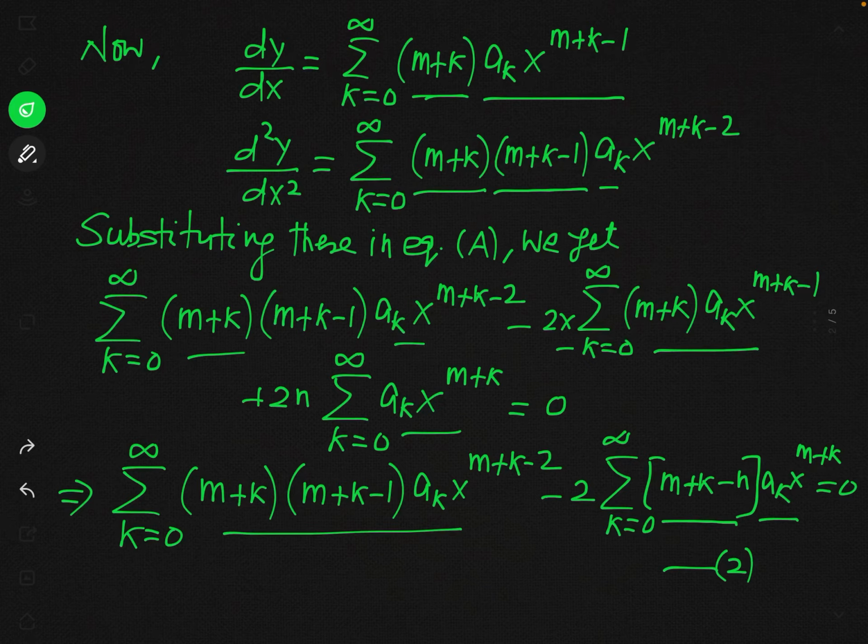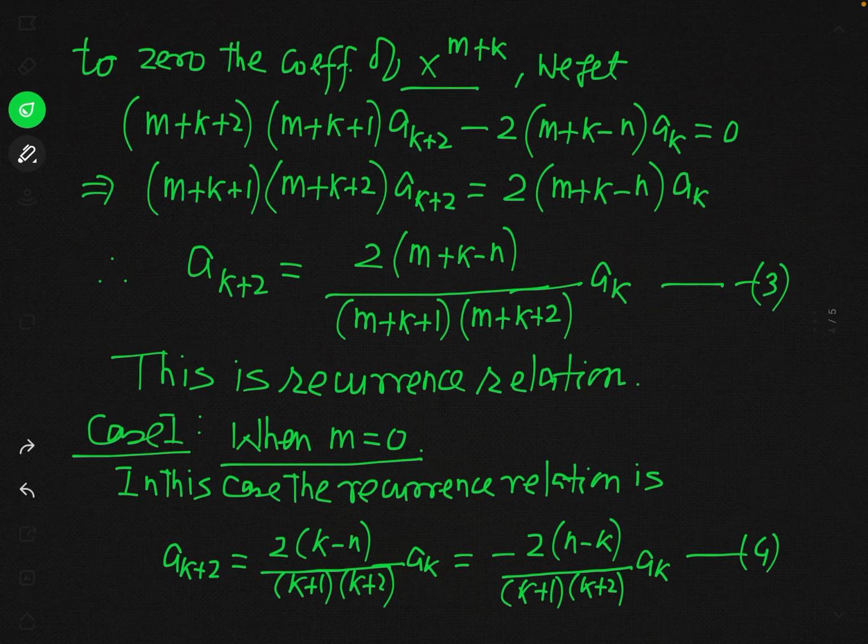So you can see the coefficient of x raised to the power m plus k will be simply m plus k plus 2 times m plus k plus 1 a k plus 2 minus 2 times m plus k minus n a k equal to 0.